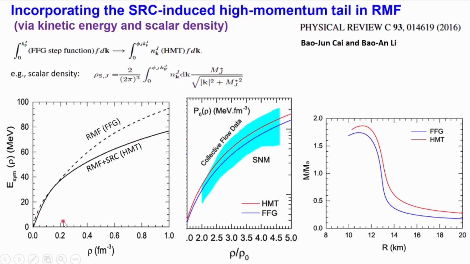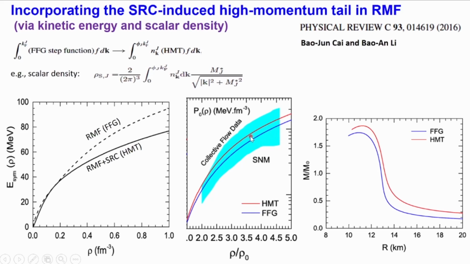Okay, if you look at the pressure in symmetric nuclear matter in comparison with flow data, without considering short-range correlation, you have the blue curve here. With short-range correlation, the pressure increases because you put some nucleons above the Fermi surface. The particles become more energetic, which increases the pressure.